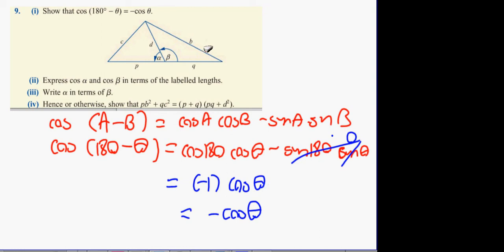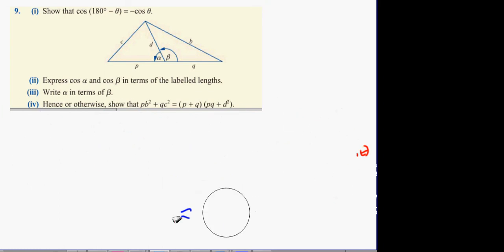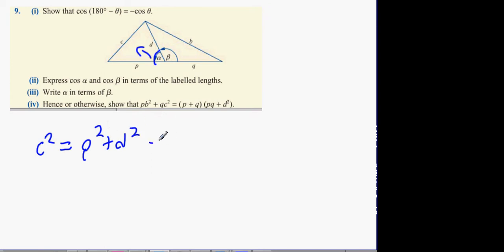Now, moving on: express cos alpha and cos beta in terms of the labelled diagrams. That means it's the cosine rule. So what we're going to do next is the cosine rule for each one. Now, c is opposite the angle alpha, so it's going to be c squared equals the other two sides, p squared plus d squared, minus 2pd cos alpha.